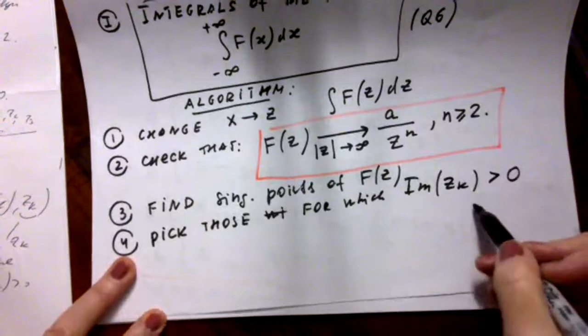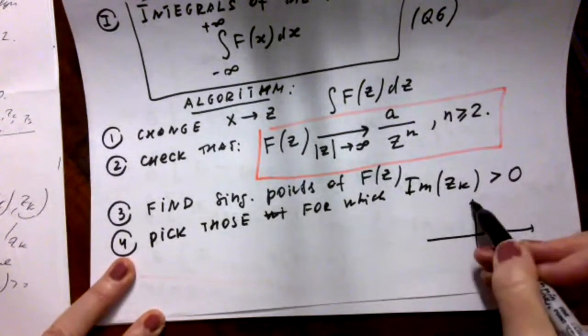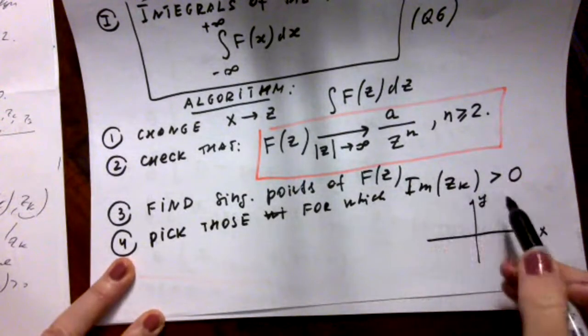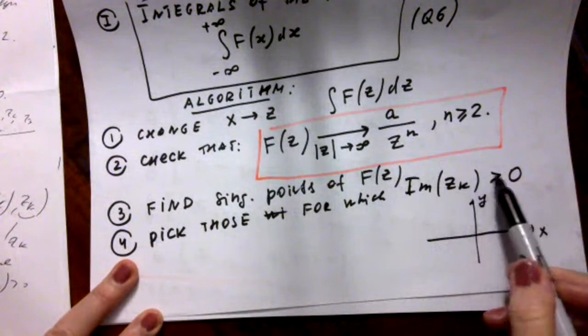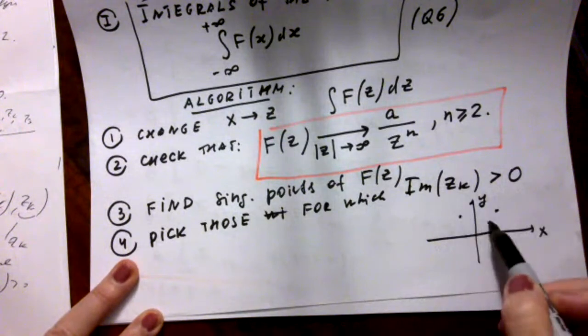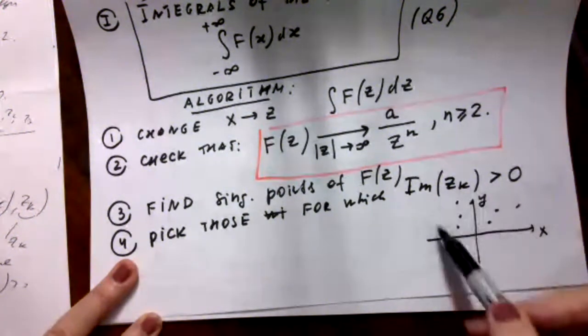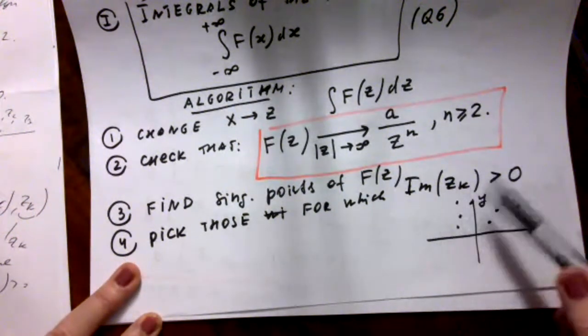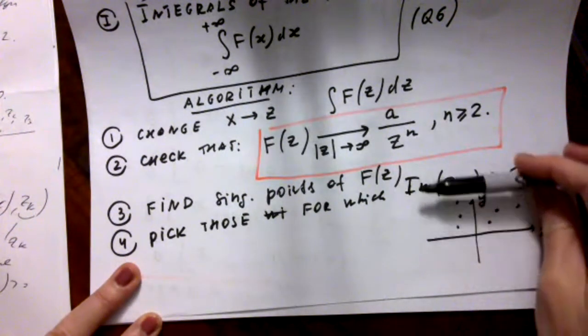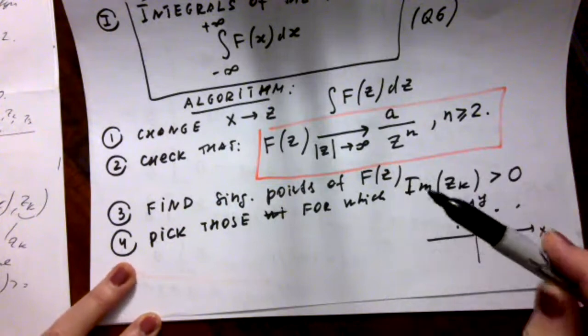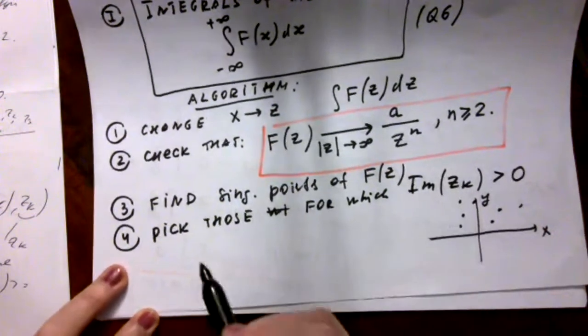So what does it mean? It means that if the imaginary part of your complex number is bigger than 0, they lie above the x-axis. That's what it means. So you are interested only in these points, which are located above the x-axis. Such is the condition of this theorem.